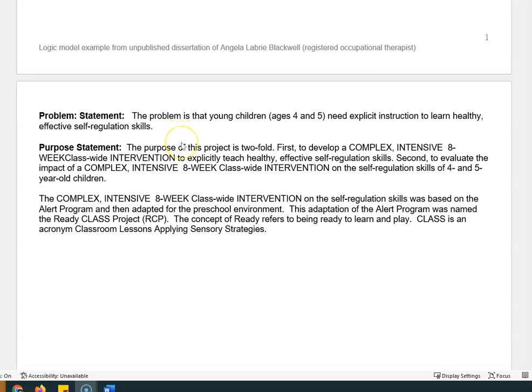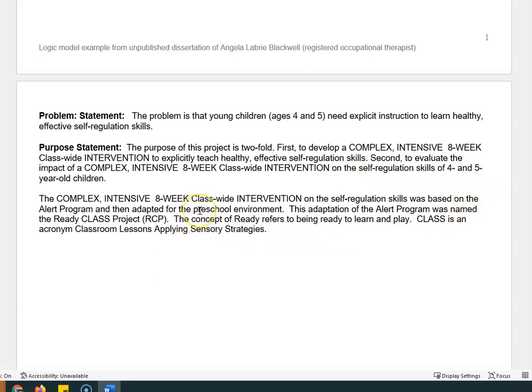So the purpose of my project was twofold. First, to develop a complex, intensive 8-week class-wide intervention to explicitly teach healthy, effective self-regulation skills. And second was to evaluate the impact of this intervention on self-regulation skills of 4 and 5-year-old children.